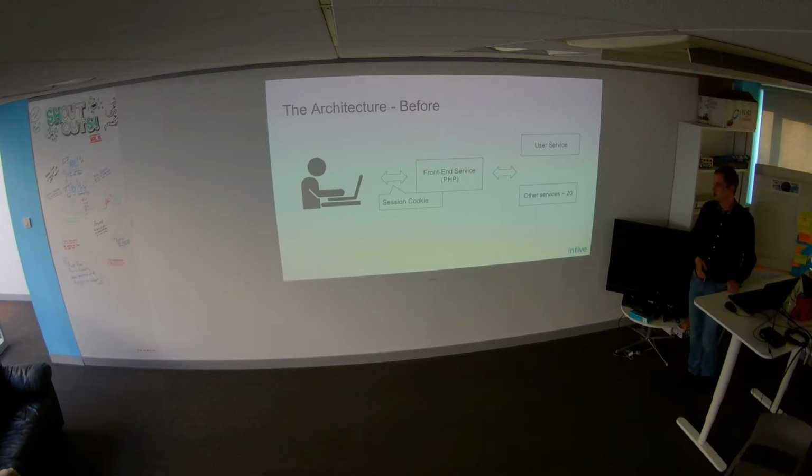And we had about 20 backend services, and one of those services was the user service, which kept user emails and passwords. For example, if a user wanted to sign in, he issued a call to the front-end service, which contacted the user service, which said fine or not fine. If it was fine, he was signed in and a session was kept.